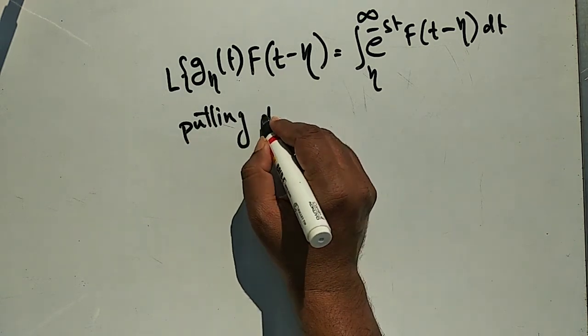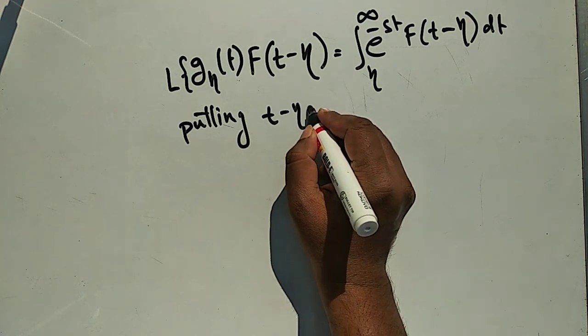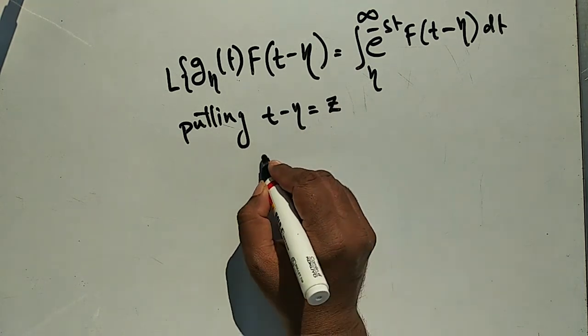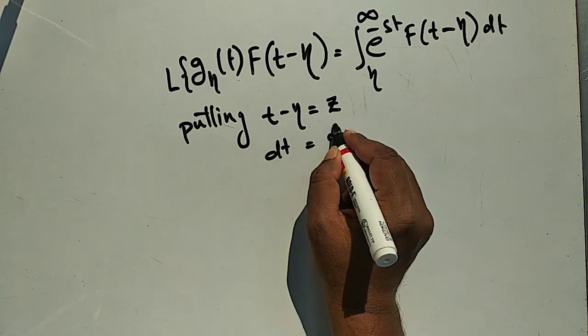Putting t minus eta equal to z, so dt equals dz.